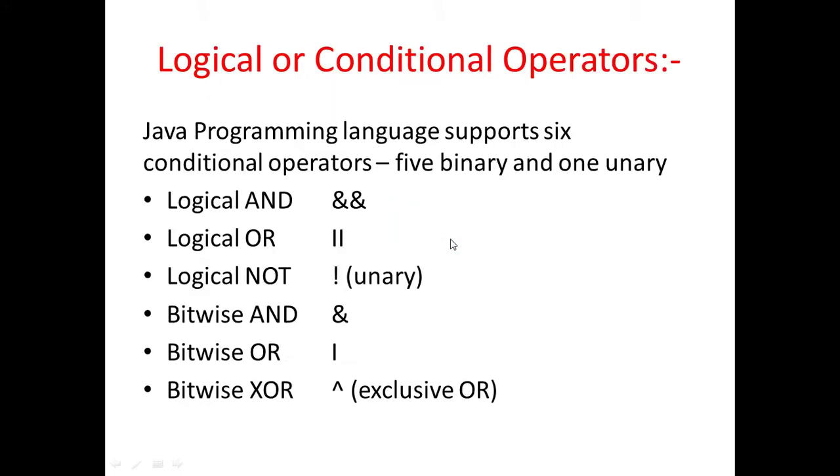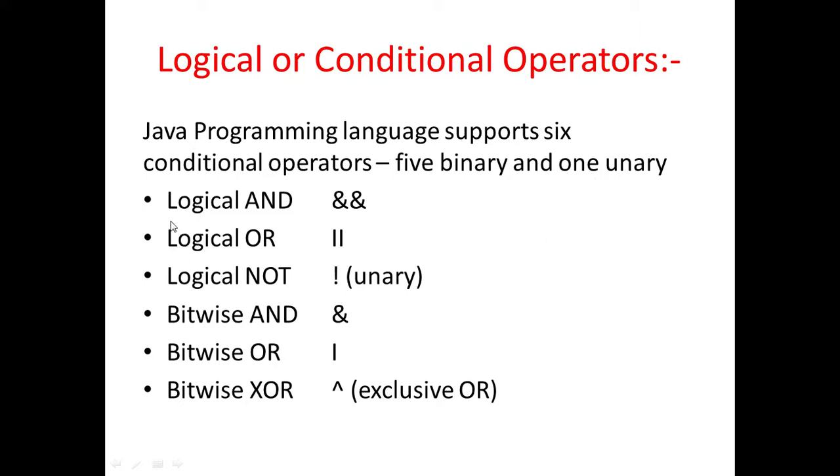Next we are going to study is logical operators. Logical operators are also called conditional operators. In Java programming language, we have 6 conditional operators or 6 logical operators. 5 are binary, means they need 2 operands, and 1 is unary.